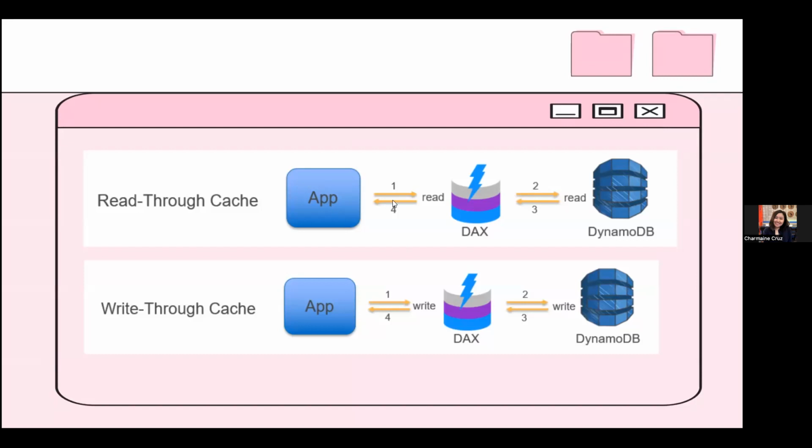So si DAX, kaysa pumunta pa siya sa database or yung DynamoDB table, lahat ng information, i-check muna niya kay DAX. And if not available, it will go to the database. And it will also save yung DAX na caching natin, for next time, sa DAX na lang siya titingin. So that's how the read-through, write-through strategy goes for DynamoDB DAX.